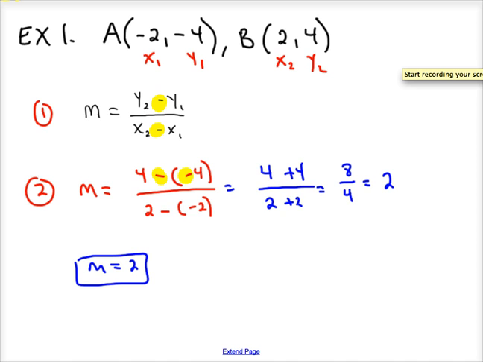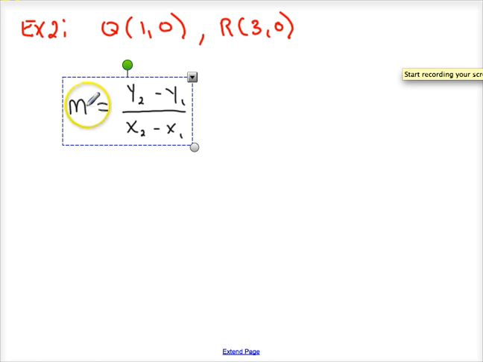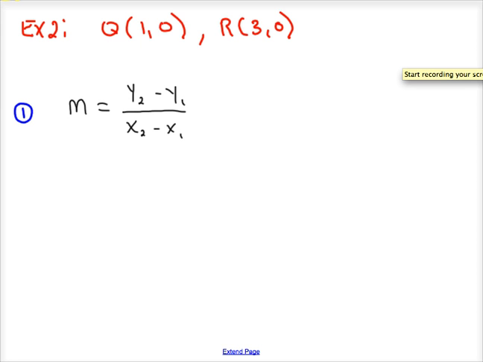Okay, second example. Q gives the ordered pair 1, 0, and R gives the ordered pair 3, 0. First step, as always, write down my formula. Again, a great idea, label your coordinates, x1, y1, x2, y2.